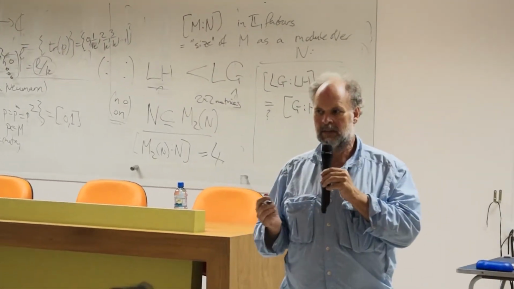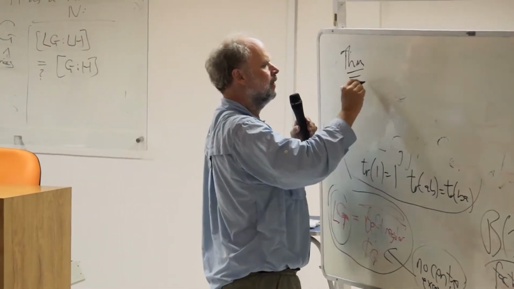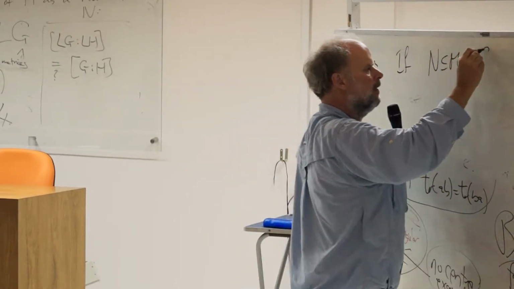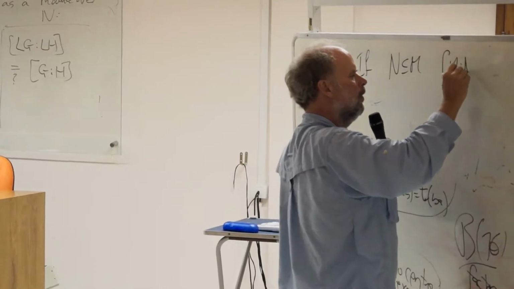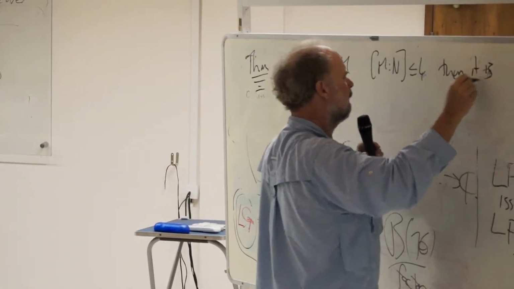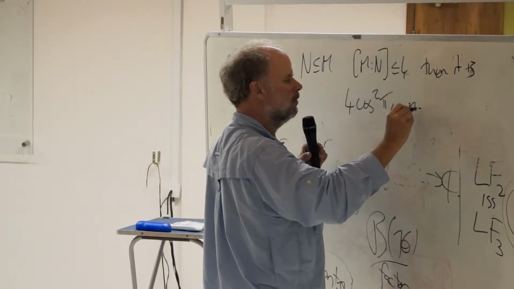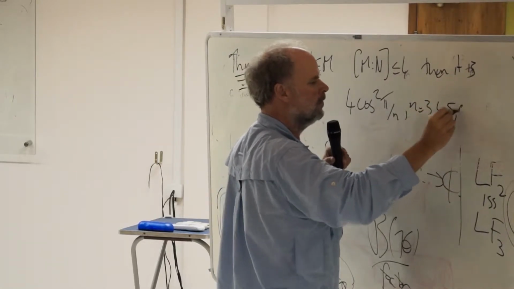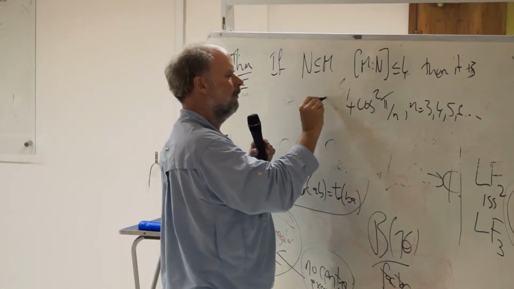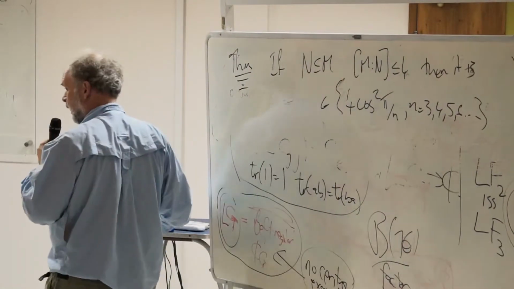So the start of this theory was the theorem which solved this problem. And the theorem is, if we have a subfactor and the index is less than or equal to 4, then it is 4 cosine squared of pi over n, n equals 3, 4, 5, 6. Okay?